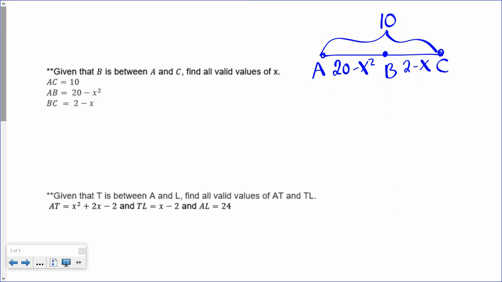Anybody tell me what an equation would be that we could write? Haley. 20 minus x squared plus 2 minus x equals 10. Very good. Now, does anybody have a little hint on what we might need to do for this?